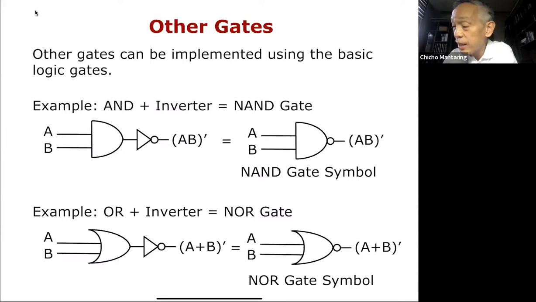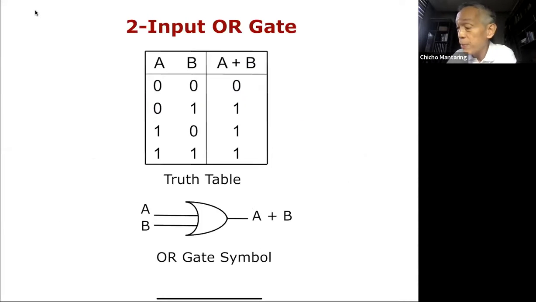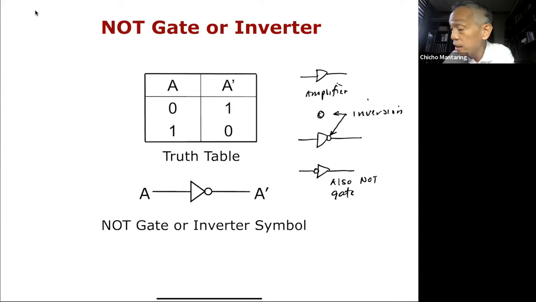So NAND is actually not AND. This is my NAND gate symbol. Remember what I said about the circle? This indicates inversion.